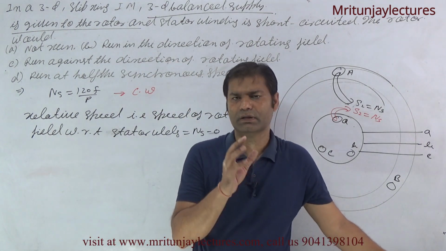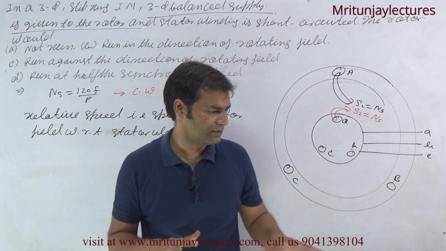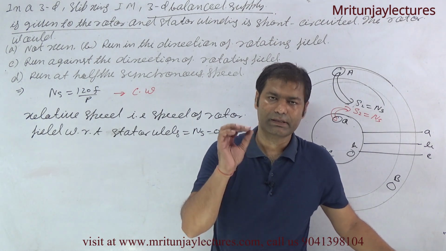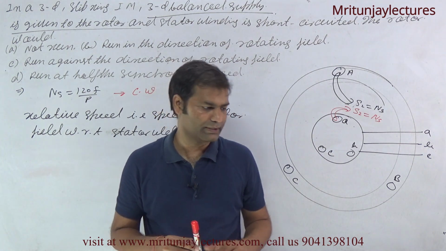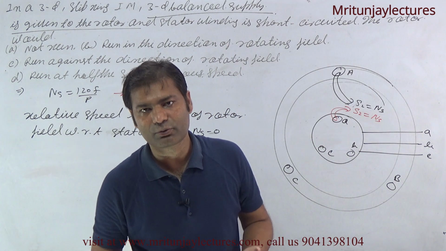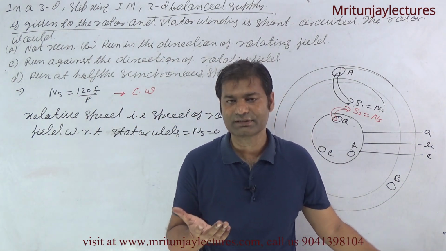Now I know the basic concept. If a rotating magnetic field and a conductor are placed in it, and either the magnetic field or the conductor is rotating, then the flux changes.